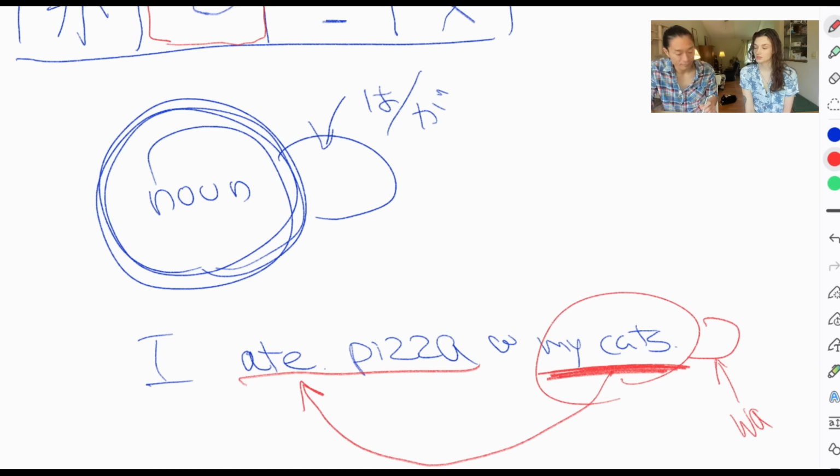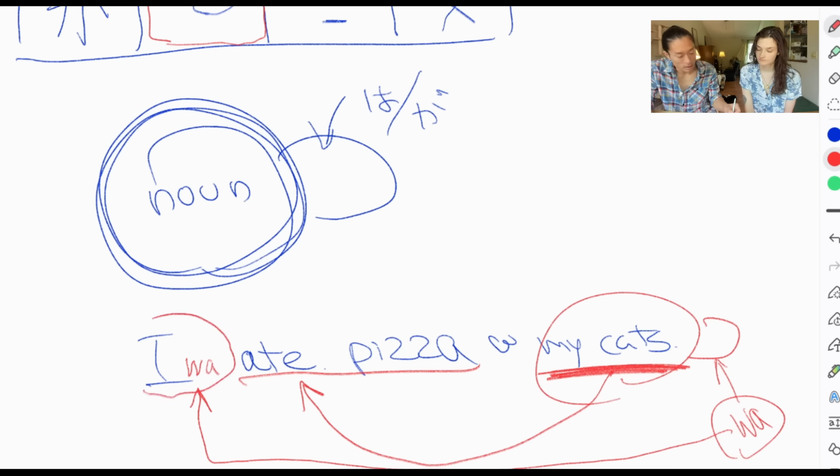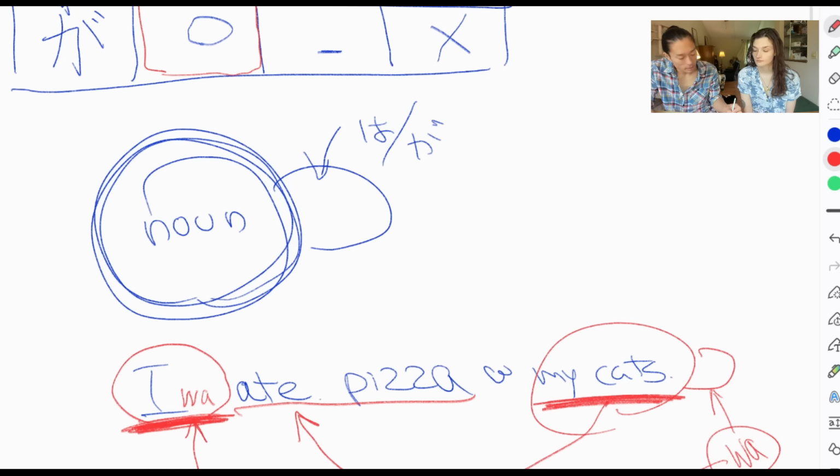Oh, I see. That's why wa would have to be after I, because I'm the one who ate the pizza. Right, if you want to mean I ate, then you do have to have wa after I. Ga is also fine. If you put ga to I, then you're making I the subject of the sentence.